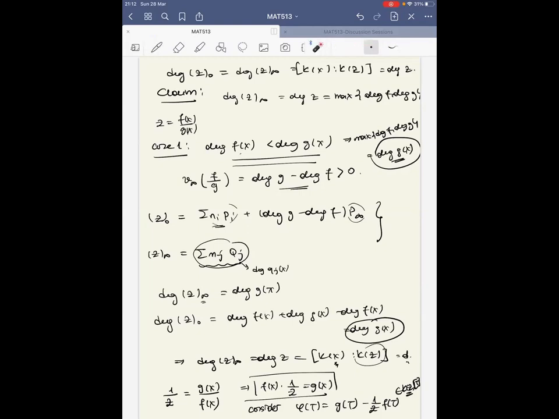And here note that since the degree of g is strictly bigger than the degree of f, indeed this polynomial has degree g, so that means it has the same degree as the extension degree, and this phi of t also contains x as a root because of this equality, and indeed this gives us the irreducible polynomial of x, or more accurately the minimal polynomial of x over the rational function field k of z.